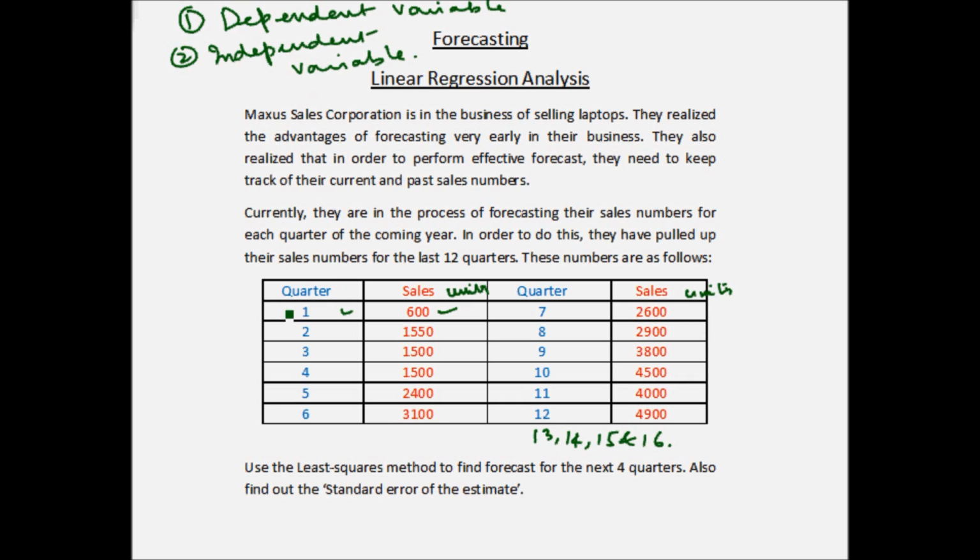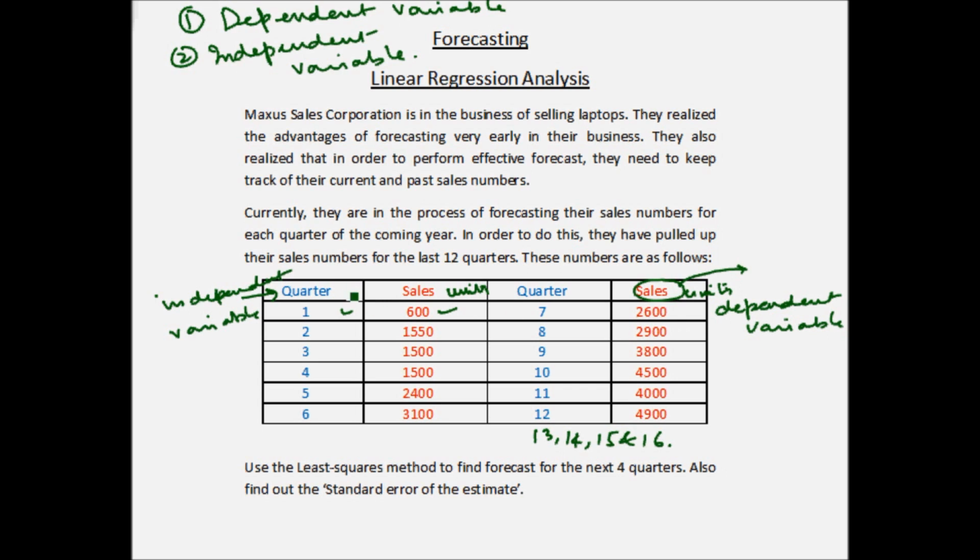So in our case, time, which is expressed in terms of quarters, is the independent variable, while sales is the dependent variable.